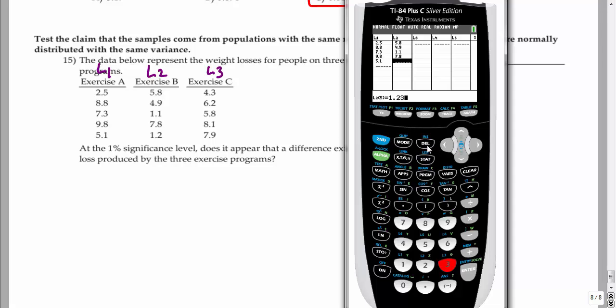Oops. Just want 1.2, not 1.23. 4.3, 6.2, 5.8, 8.1, and 7.9.